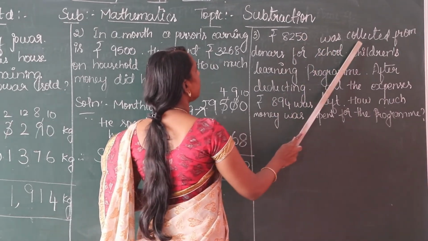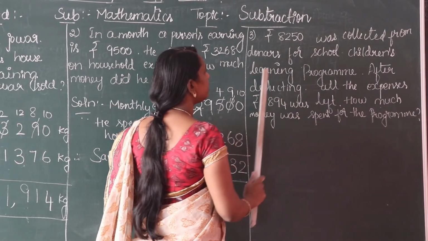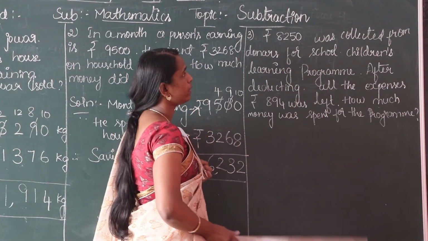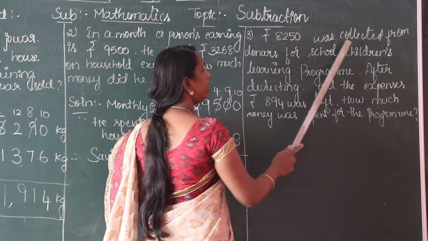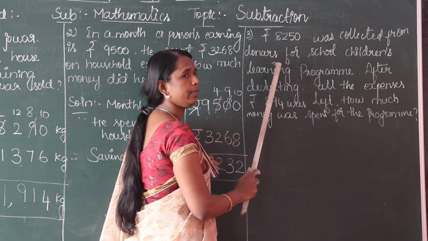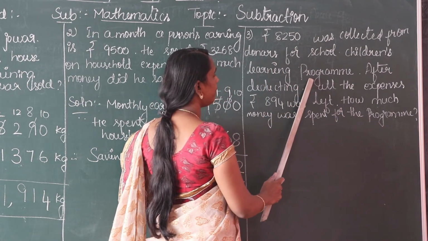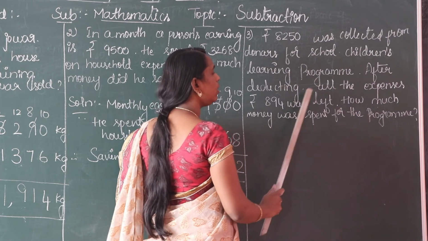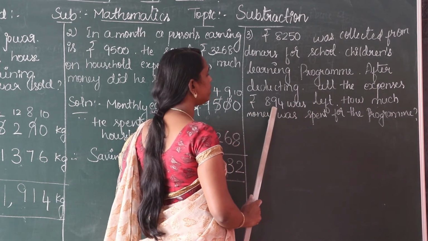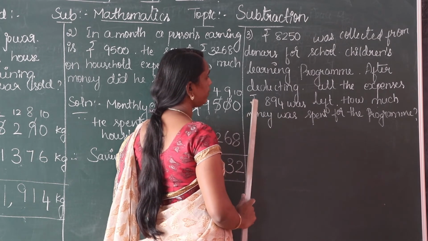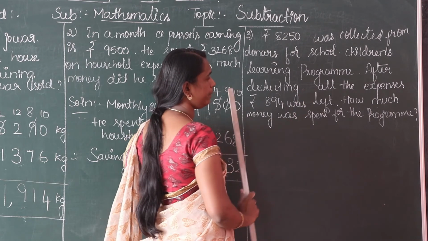So next question is, rupees 8,250 was collected from donors for school children's learning program. After deducting all the expenses, rupees 894 was left.